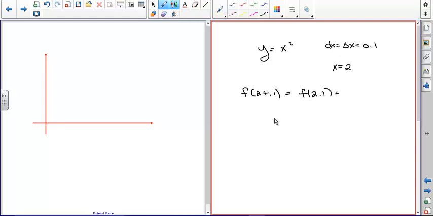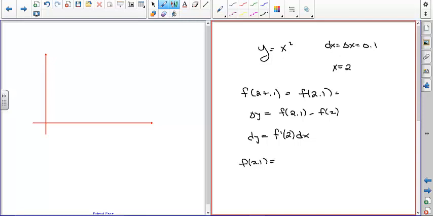And delta y will be equal to the value of the function at 2.1 minus the value of the function at 2. That's the actual change. dy is going to be equal to the derivative at 2 times dx. So let's do it.